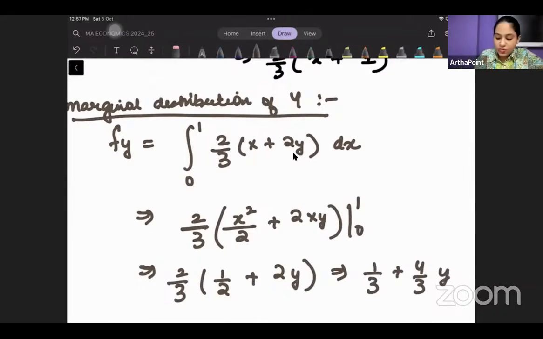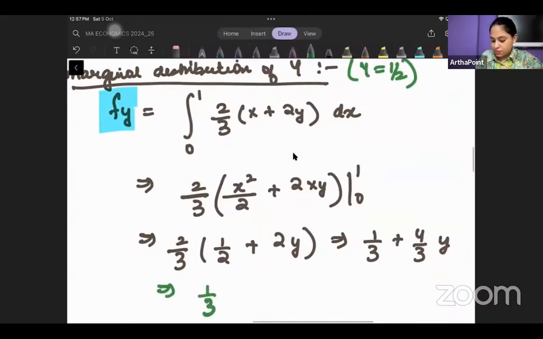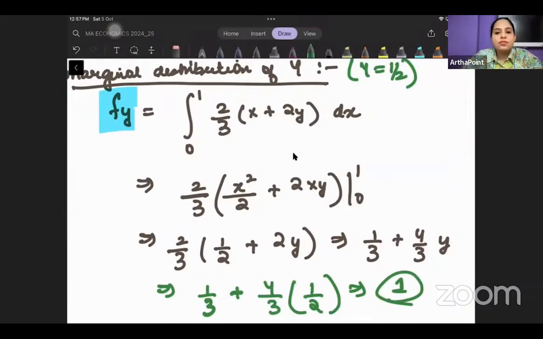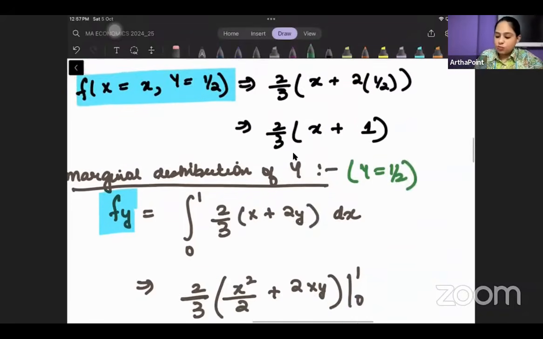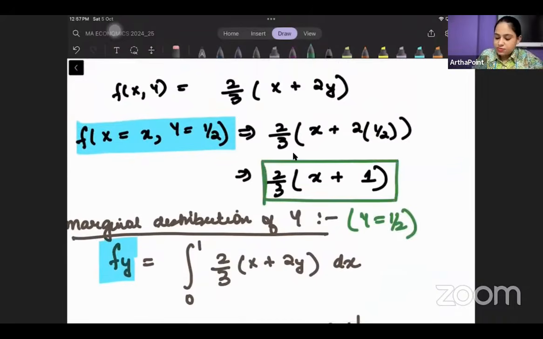Now, the denominator tells me that this marginal distribution needs to be evaluated when y is half. So I will put y as half. And I will get the answer as 1. So the denominator will be 1. The numerator will be this.